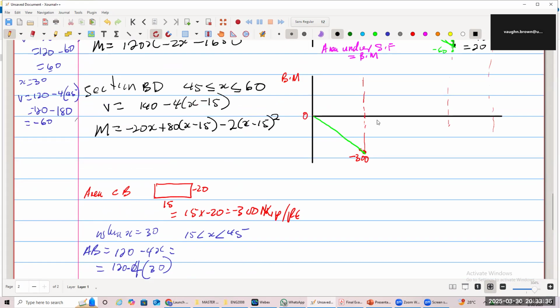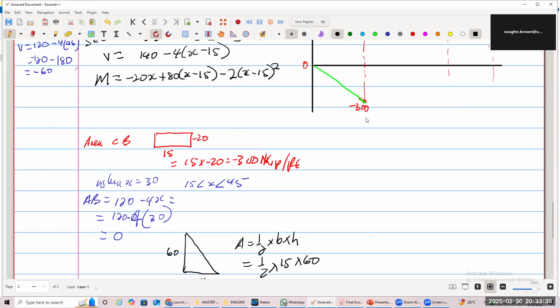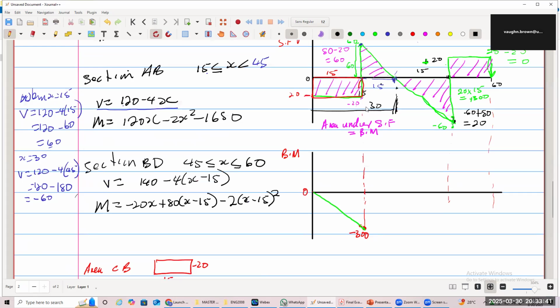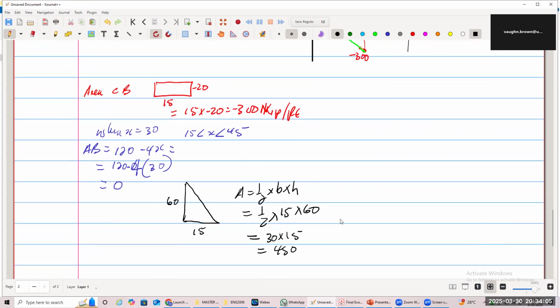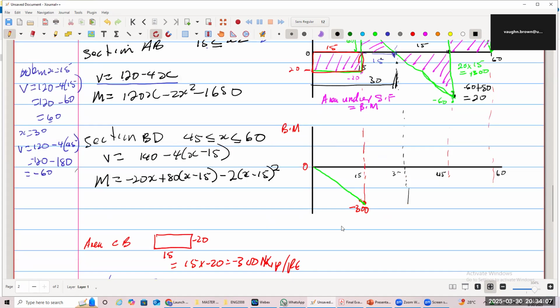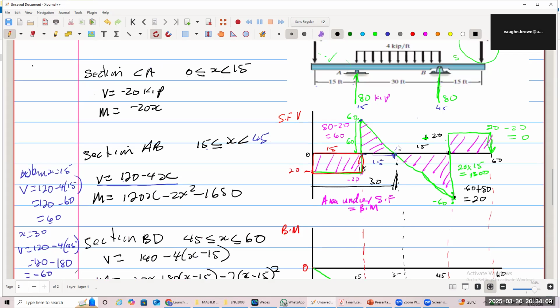So what I'm saying here, this is 300. I want to know what it is over this side. So it's supposed to be coming up somewhere over here. So we know that it says 450. So let's map where 30 is. So 30 is right there. So this is 15, this is 30, this is 45, and this is 60. So look, it's telling us that it is positive 450, because this section is positive, remember?